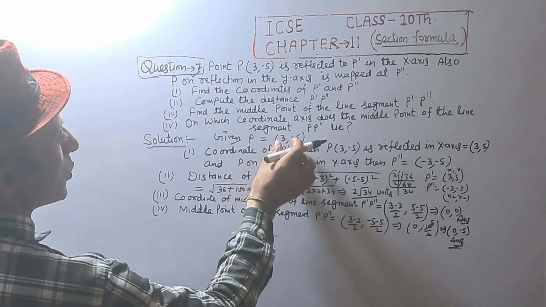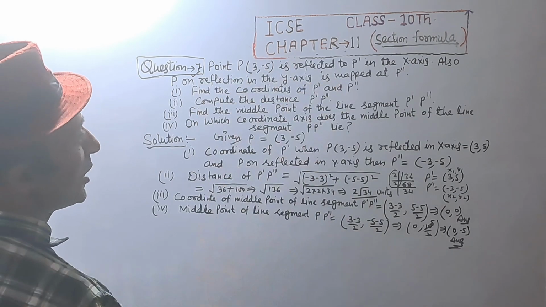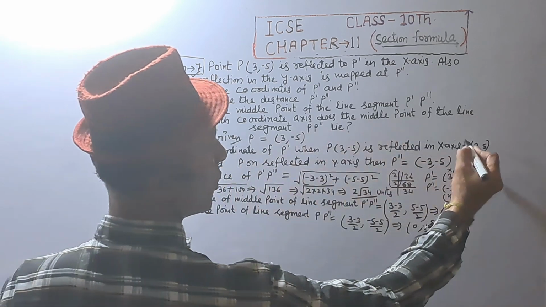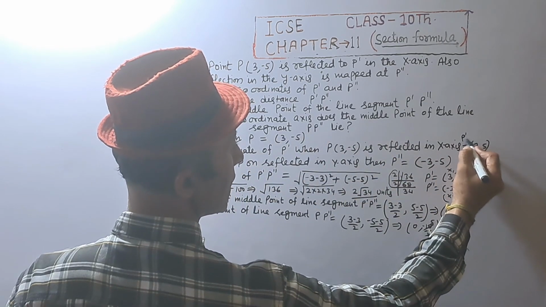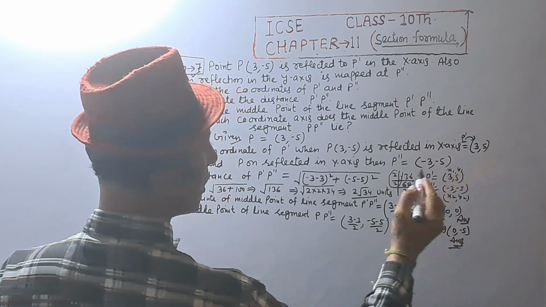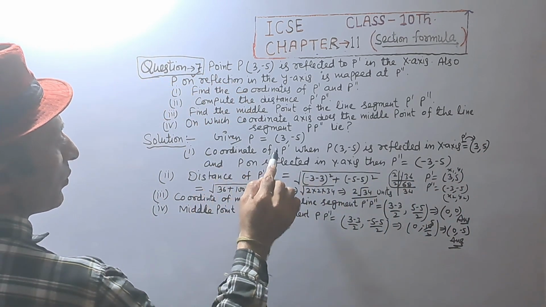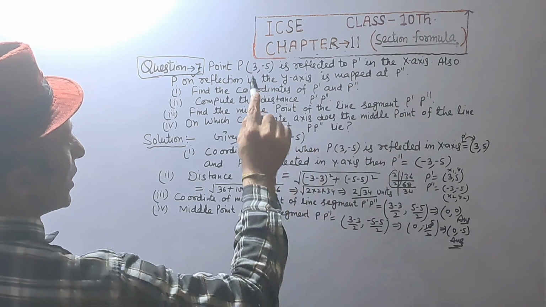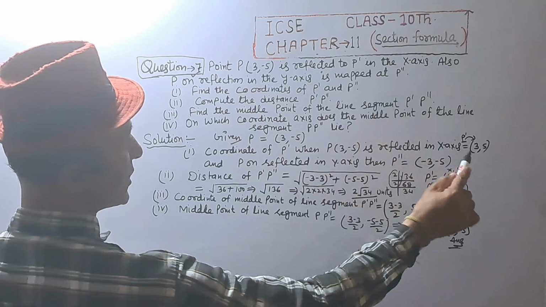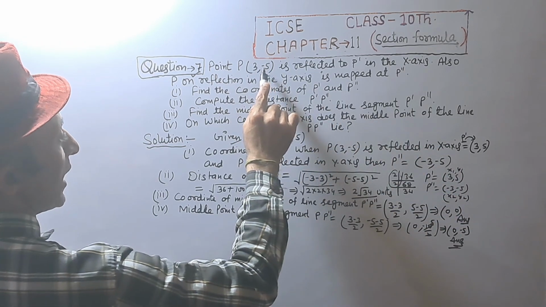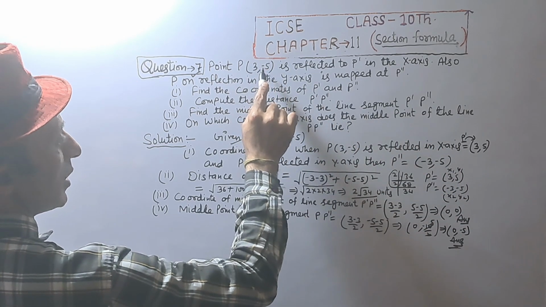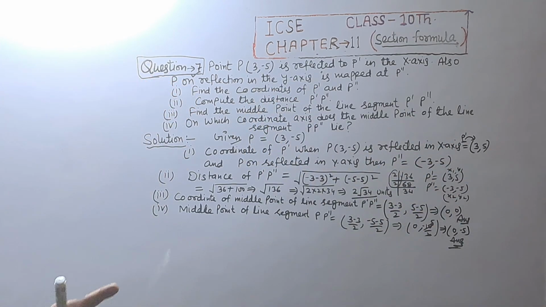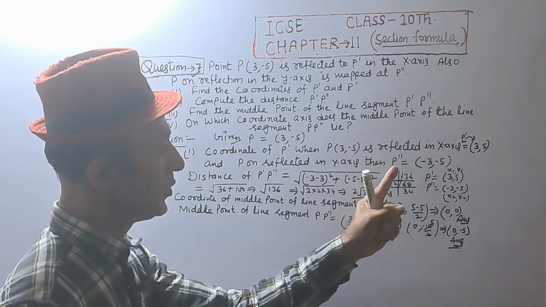Given point P is equal to (3, -5) is reflected to P dash on the x-axis. Coordinates of P dash: in the x-axis, the x-coordinate is as it is and the y-coordinate will be multiplied by a negative sign, so minus 5 will be positive 5, and P dash is equal to (3, 5).